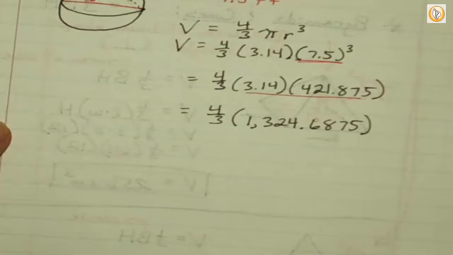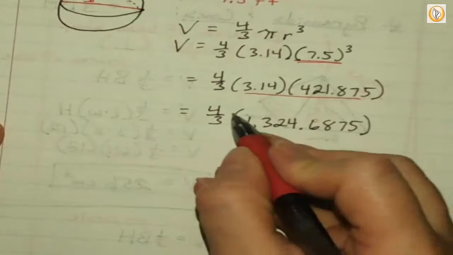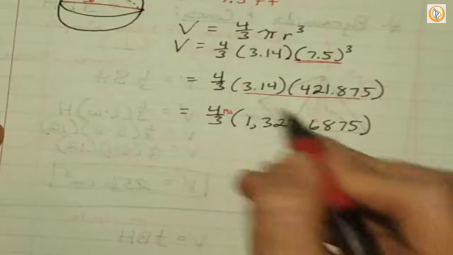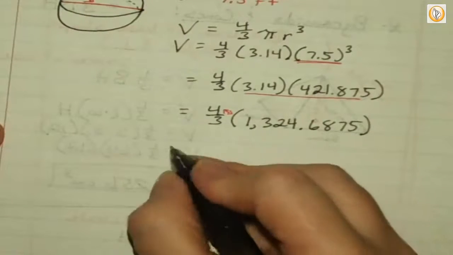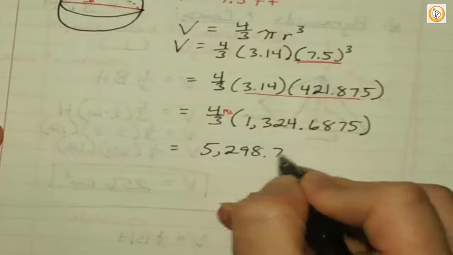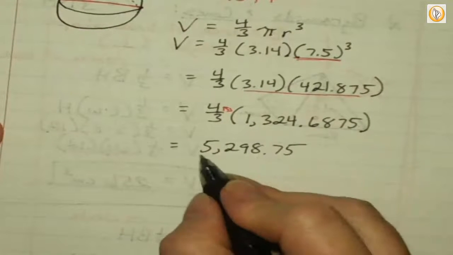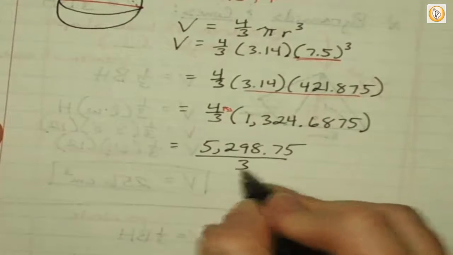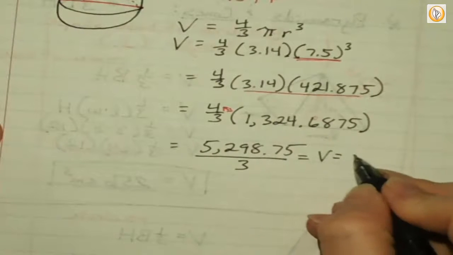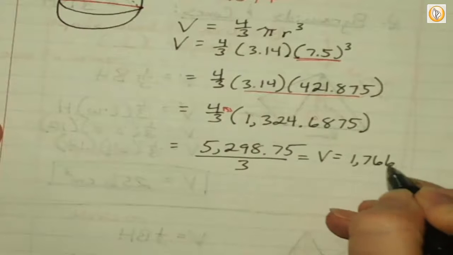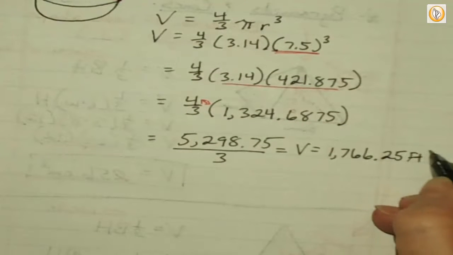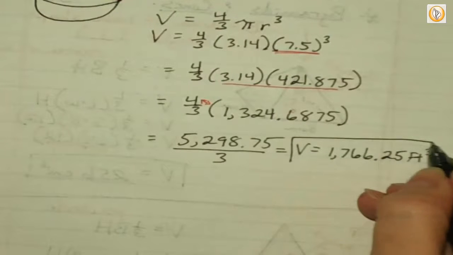Then, doing it step by step, you multiply this number with the 4, and you get 5,298.75. And if you don't have a calculator, I'm showing you the steps. Then you divide by 3, and you get the volume equals 1,766.25 feet cubed.